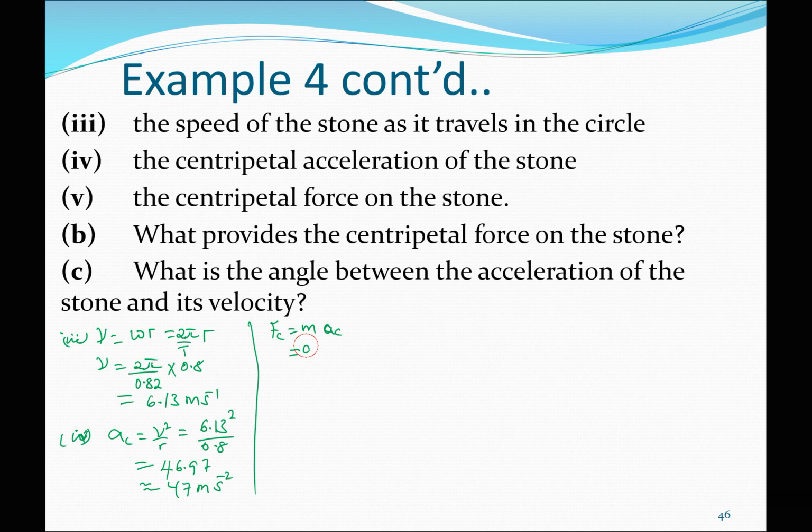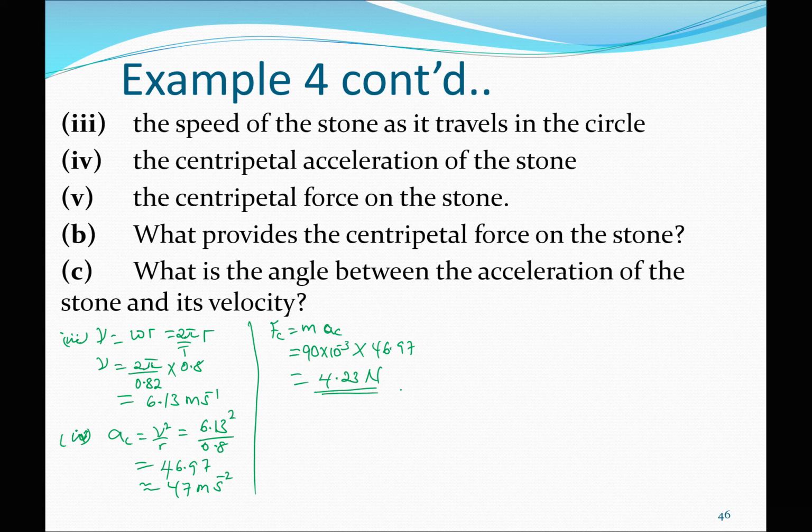So it is going to be 90 times 10 to the power of minus 3, times the centripetal acceleration, which is approximately 46.97. So I'll say 46.97 times 90 exponent minus 3. So this is giving me 4.23 newtons as the centripetal force.